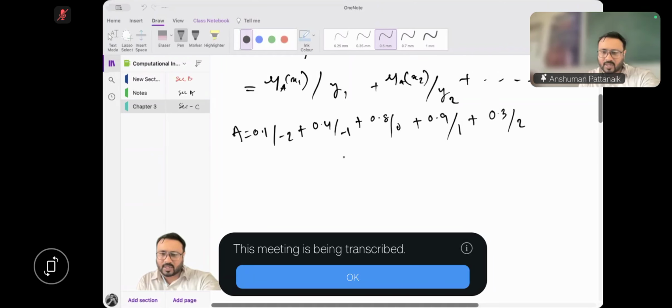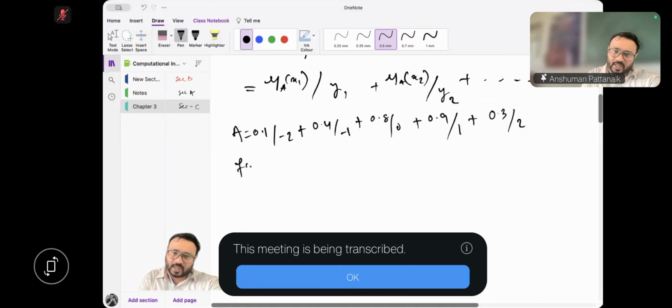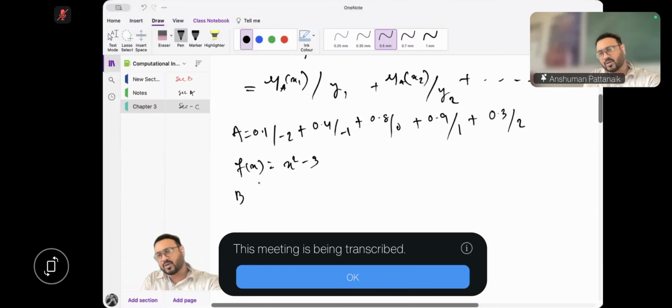This is what is given for set A. f of x is also given as x square minus 3. Now find out B. Take 1 or 2 minutes and solve this.